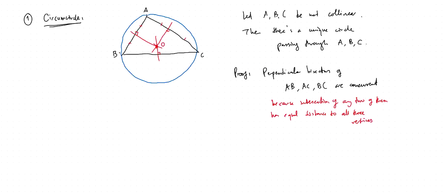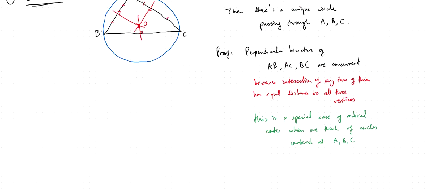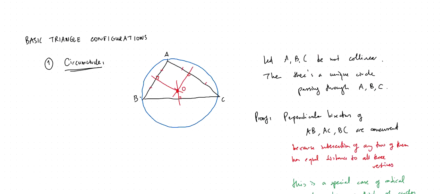This is a special case of the radical center. When we think of circles centered at A, B, C with equal radii, the radical axes are the perpendicular bisectors, and their intersection is the radical center.